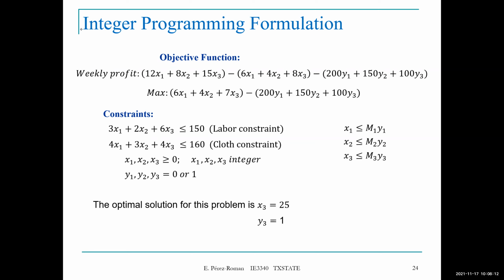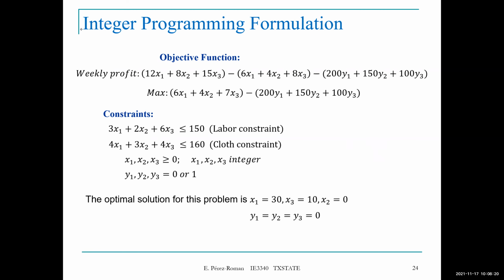Why did we have this? Because we didn't have these constraints. Initially, since we were not linking x and y, because remember, we are only going to make y1 equal to 1 if we decide to produce x1, or if we decide to produce items of type 1, right? So if we are not producing type 1 items, then y1 is going to be 0.